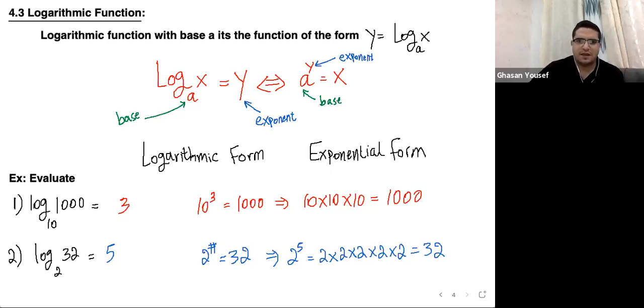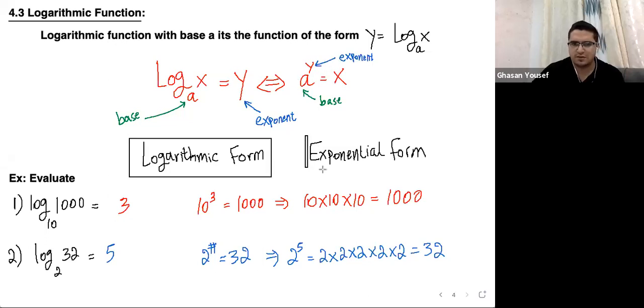Okay. Again, before I move to the next slide, this is called the logarithmic form, and this one here is called the exponential form. So there is a relationship between the logarithmic form and the exponential form.